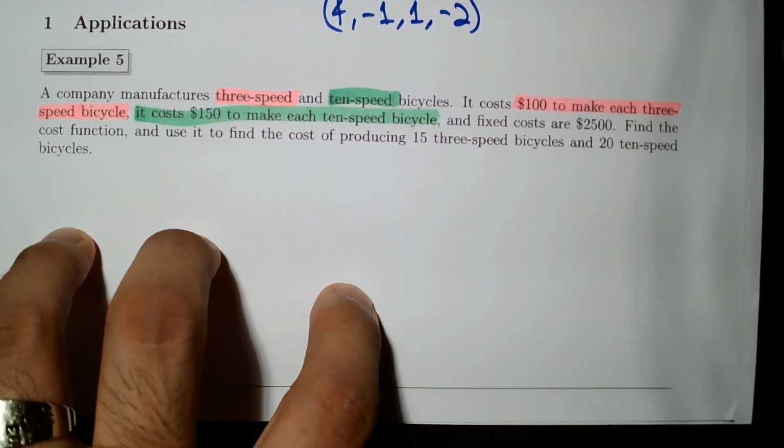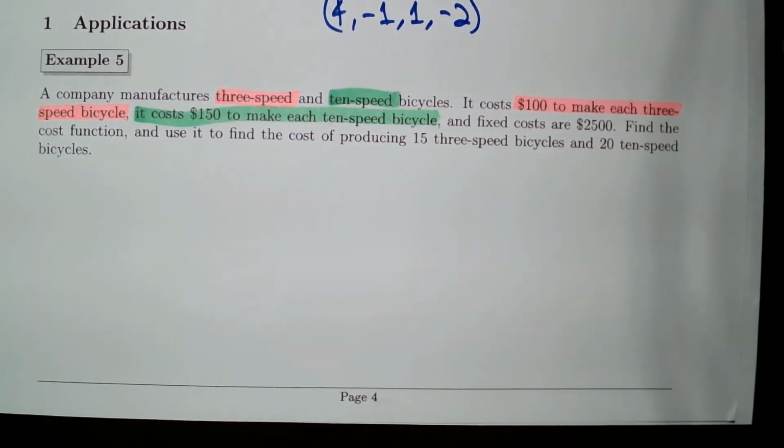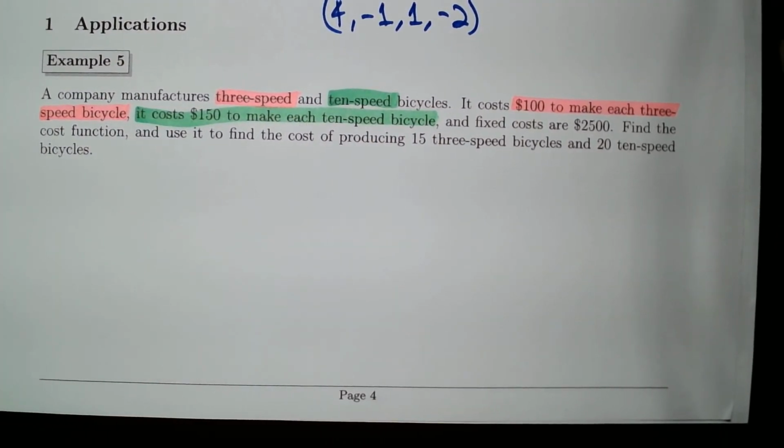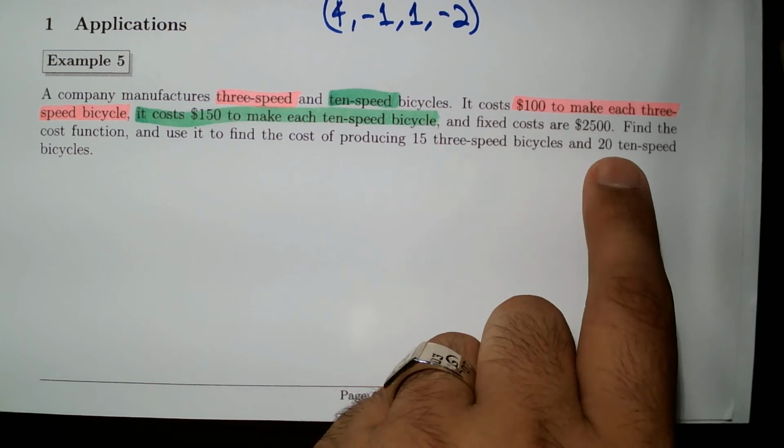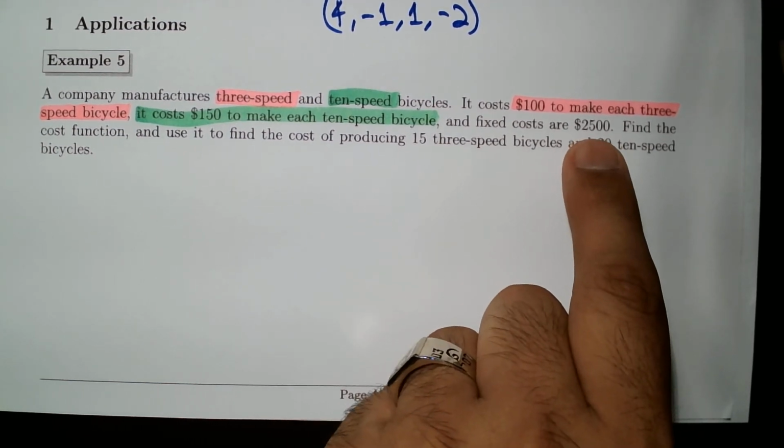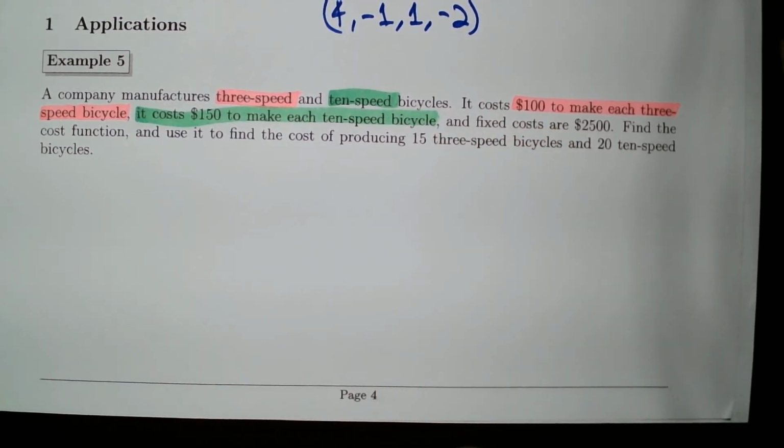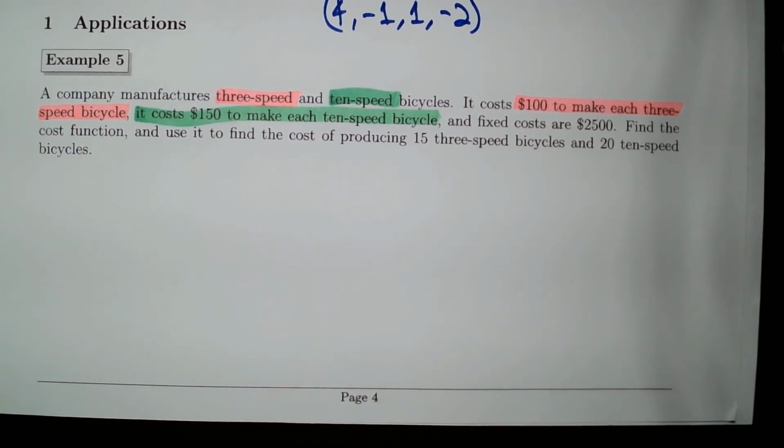And there's of course a bunch of fixed costs, right? Because there's a lot of expenses when someone has a manufacturer. For example, this money might be used as fixed costs, maybe to pay the employees, to pay insurance of the place, to pay the bills of the factory. So those are the fixed costs. So it's not just going to be the cost of manufacturing the bicycles.